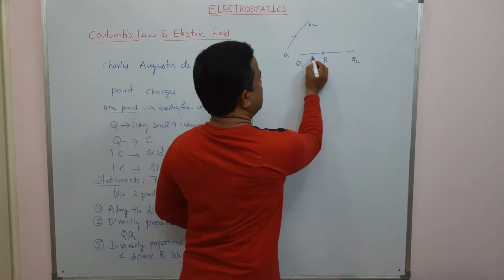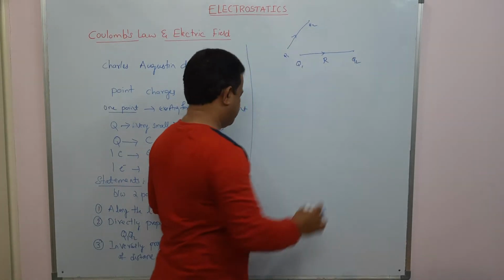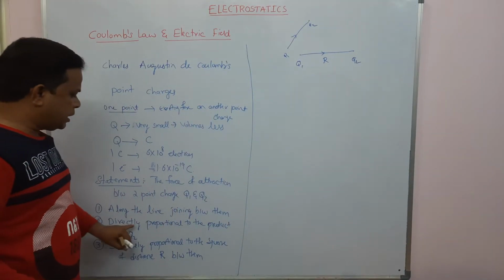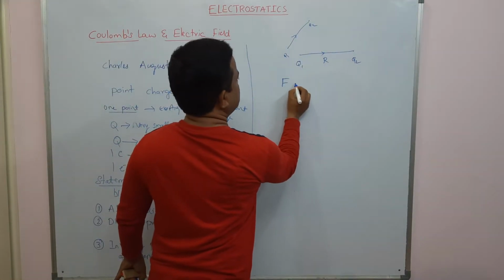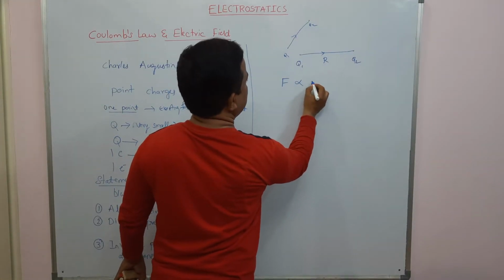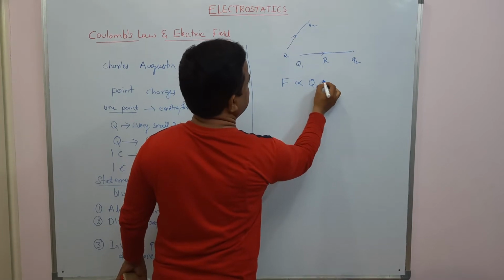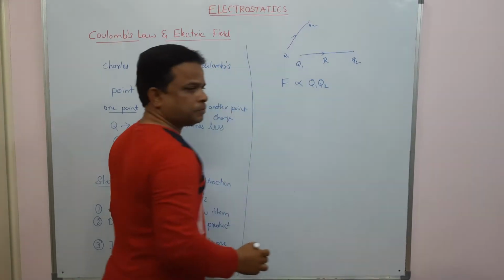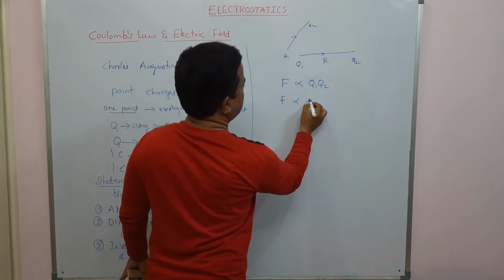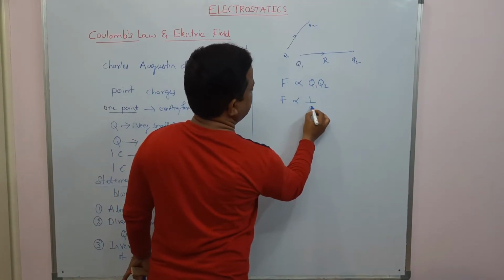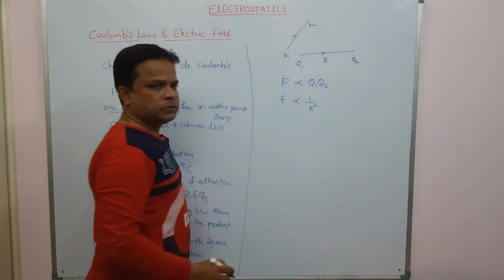So the force is acting along this line, and this force is directly proportional to the product of the charges q1 and q2, and inversely proportional to the square of the distance between them, 1 by r square.